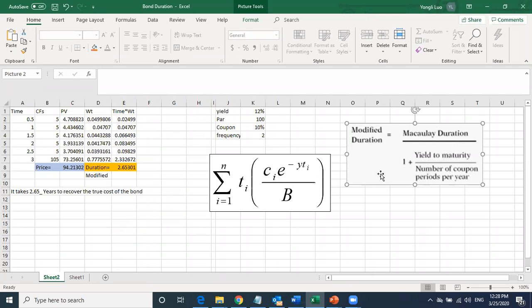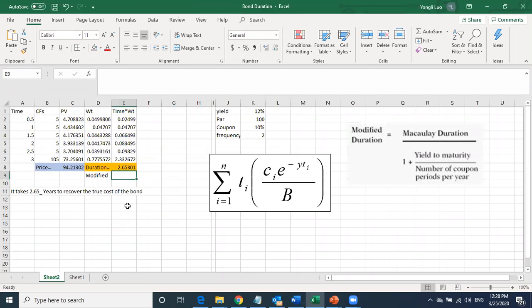Sometimes it's 1 per year and sometimes 2. So the modified duration is going to be the Macaulay duration you calculate, divided by 1 plus the yield to maturity divided by the number of coupon periods per year, which is 2 since you have a semi-annual coupon. That's your modified duration.